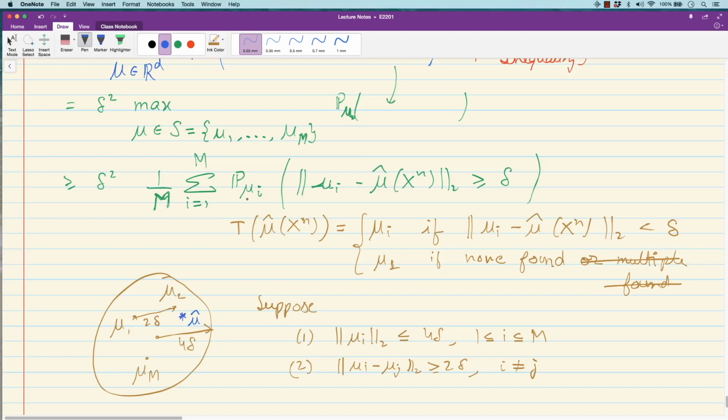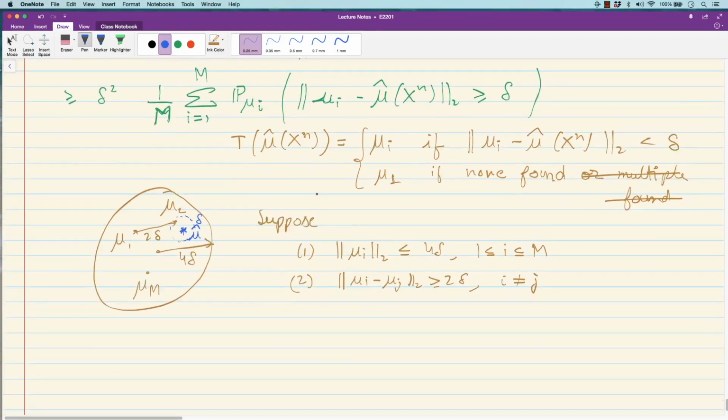The procedure we are suggesting in this test is to look for the mu i that is within a distance delta of it, and there will be none or exactly one. If you have none, then let's say you make an error. But if there is exactly one, then you declare that. So when will an error occur? If the true mu i is not within that distance, that's when the error will occur. So this becomes exactly the probability of error, an upper bound on the probability of error.